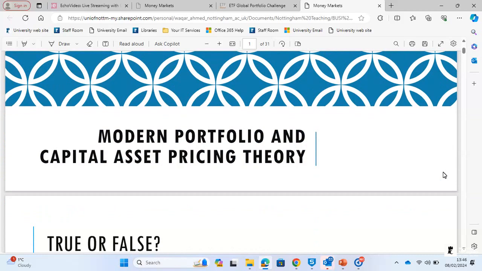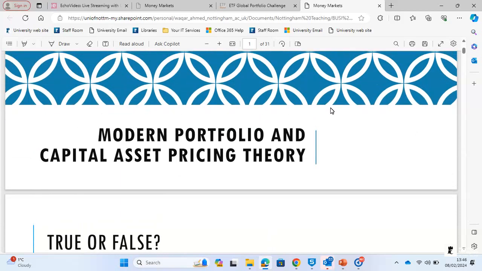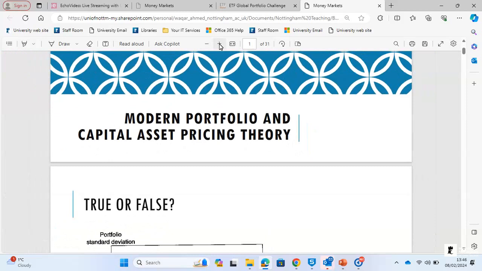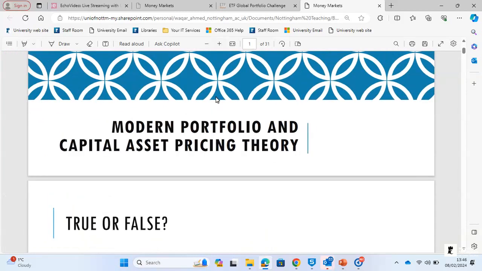Right, so we just talked about portfolios. The portfolio is simply the combination of different assets. It's called modern portfolio and capital asset pricing theory, or in short, we sometimes use the term modern portfolio theory.